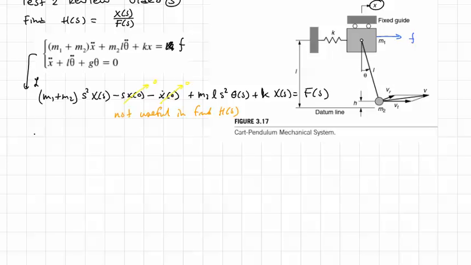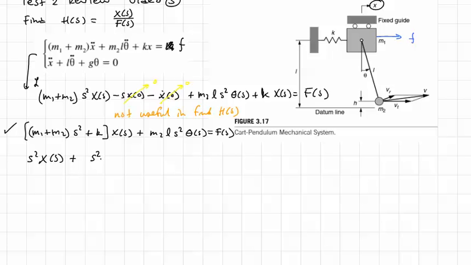Let's rewrite that as (m1 plus m2) times s squared plus k, the whole quantity, times X(s) plus m2 l s squared Theta(s) is equal to F(s). That's our first equation. Second equation, s squared X(s) plus (s squared l plus g) times Theta(s).